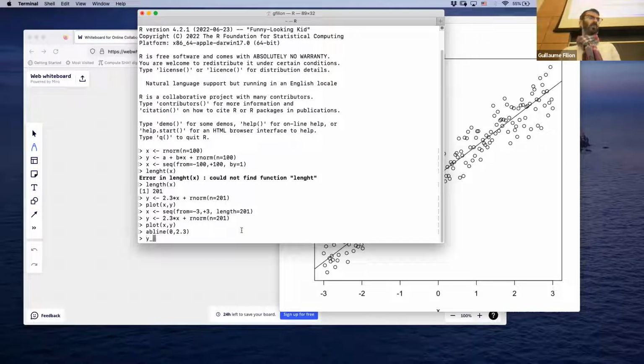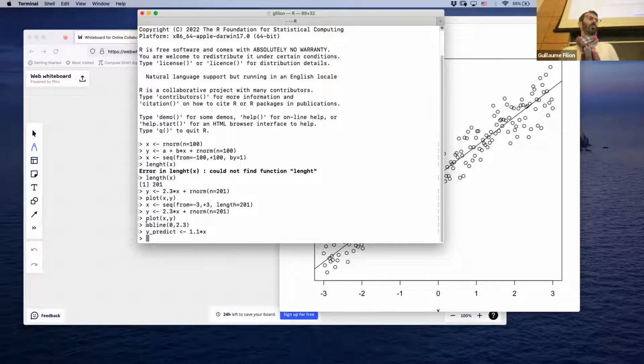So I'm creating this variable y_predict, to say that this is the value of y based on a particular prediction. If I believe that, for example, b is 1.1, it'd be 1.1x. That would be my attempt at predicting where the slope is, with 1.1 for instance.